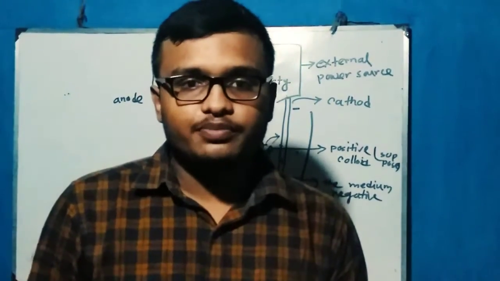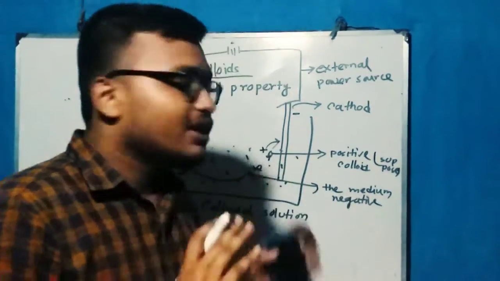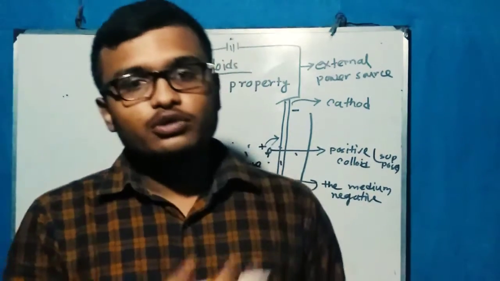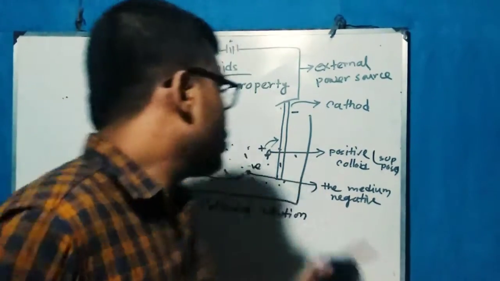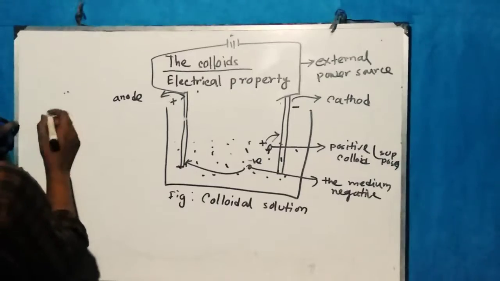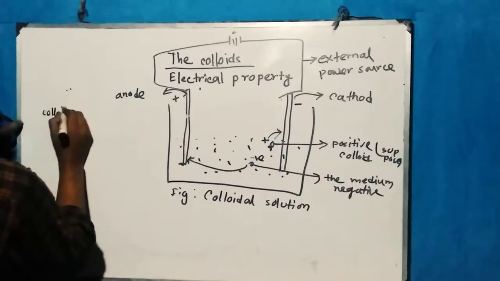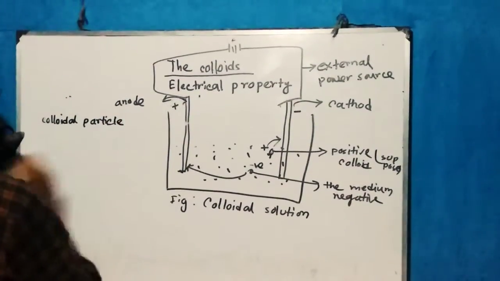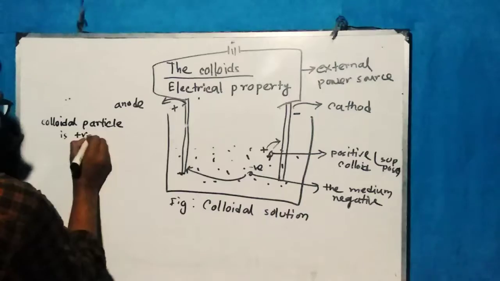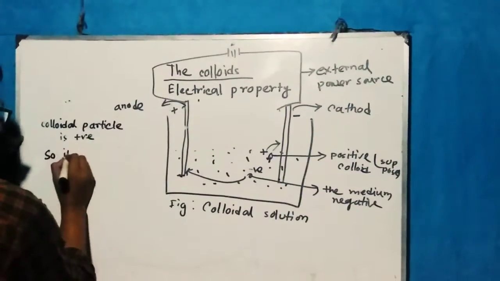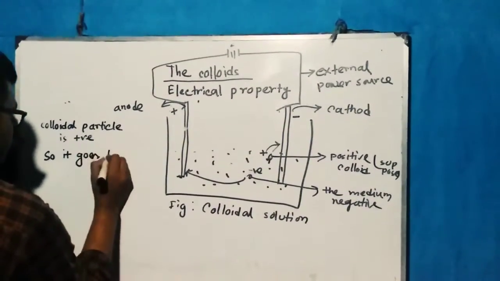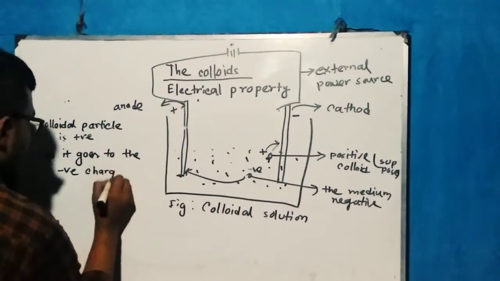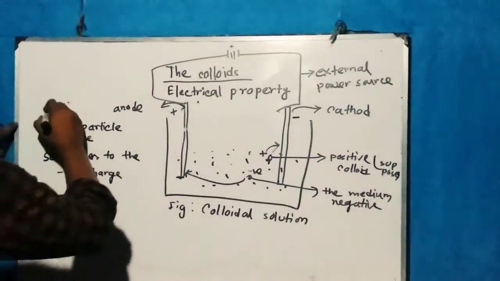If the colloidal particle is positive, it goes to the negative charge, and if it is negative, it goes to the positive charge.